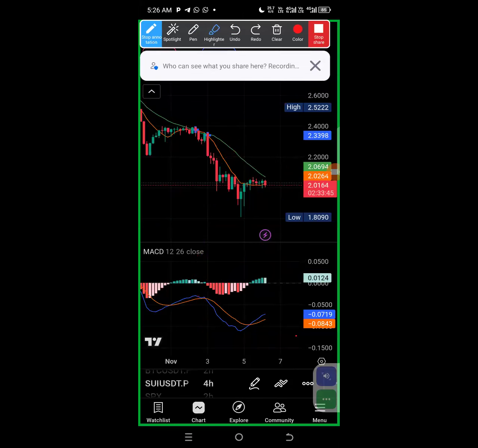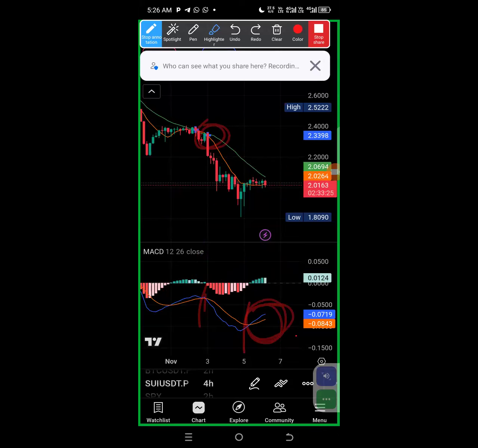The moving average gave you a downtrend direction. Now, the MACD also gave you a downtrend, but you could realize that there has been a change in direction. That is where you need to know. That is where you need what you call alignment.